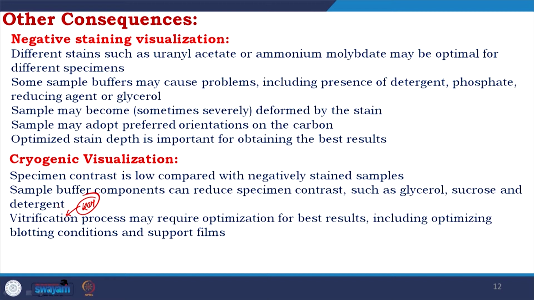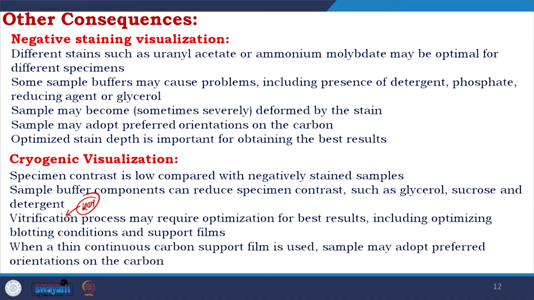Vitrification process may require optimization for best results including optimizing blotting conditions and support films. When a thin continuous carbon support film is used, sample may adopt preferred orientation on the carbon. So, we need the thin continuous carbon support film sometimes when it is not getting the optimized conformation.